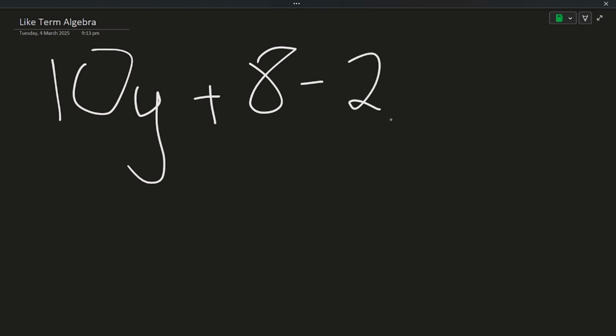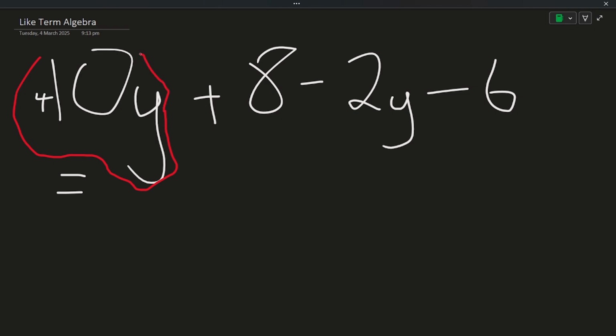Let's see, negative 2. And then negative, let's say 6. Yep. I didn't want to make it too hard. Positive 10. That's a positive 10 with a plus sign at the front. So we bring that. Since it has a y on it, we're bringing that.